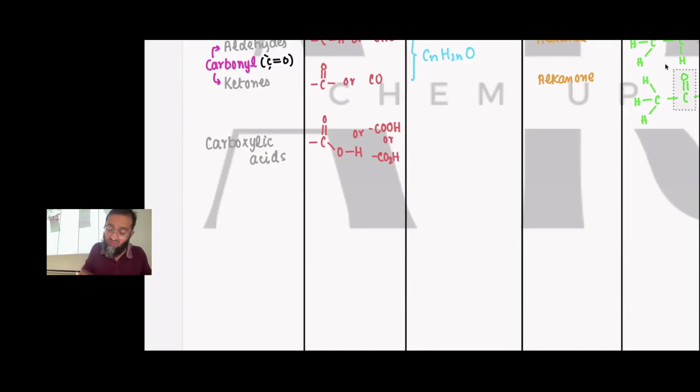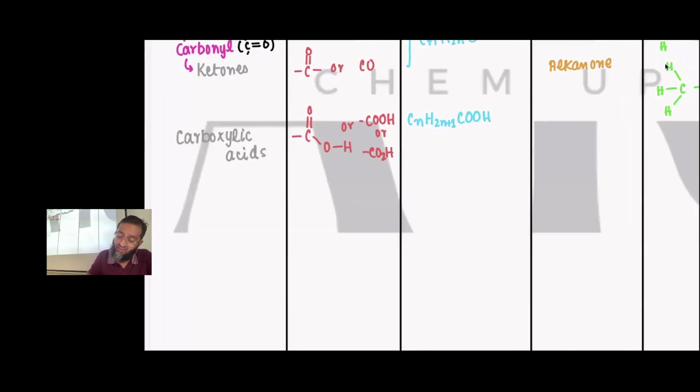Okay. The general formula. It has two general formulas. First one is CnH2n+1COOH. There is one limitation with this general formula. And what is that limitation?